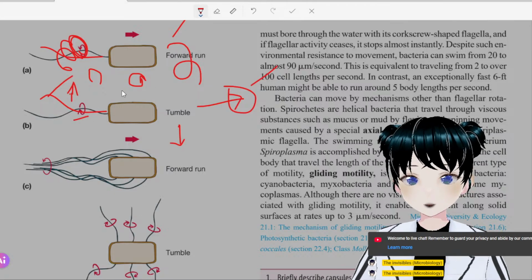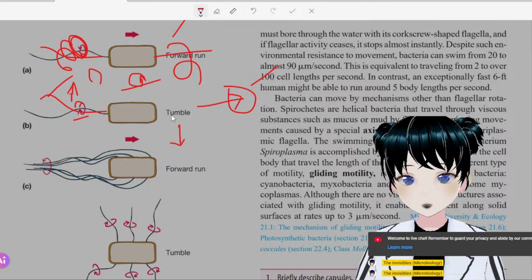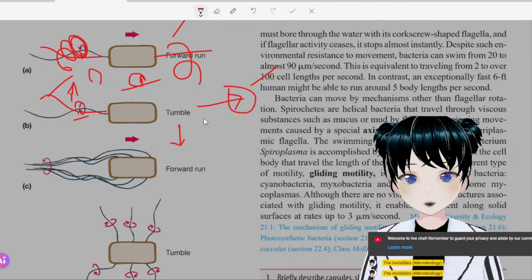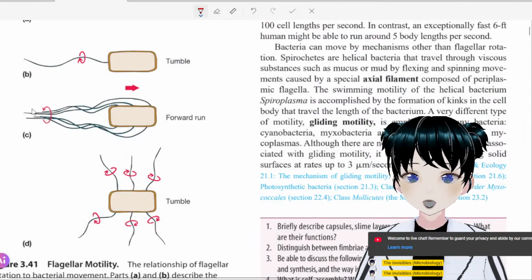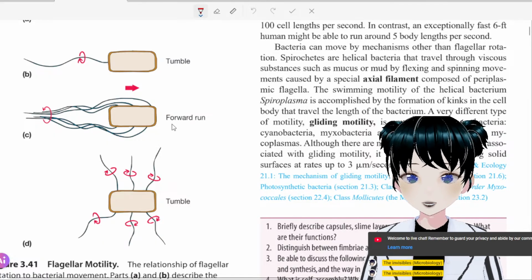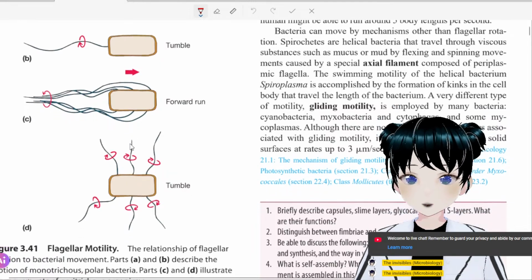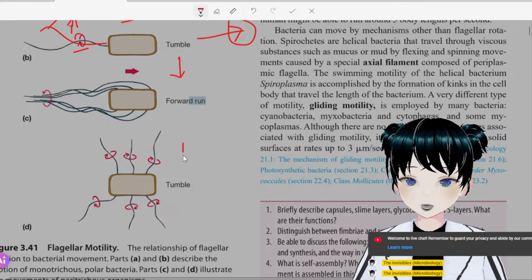If it is anti-clockwise, it's going to do a forward run, and if it is clockwise, it's going to tumble, meaning it's going to move with braking. The other one is also anti-clockwise, so it's also a forward run. Even though they say it's a forward run, it's not actually forward, but I think it just means that it will be moving very fast in a straight direction.